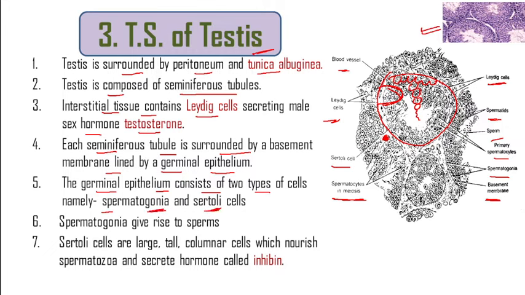Okay, these are the spermatogonia cells here, and this is the Sertoli cell. Okay, so you have studied this in your theory also. Spermatogonia give rise to sperm, and what is the function of Sertoli cells? They are large, tall, columnar cells which nourish the spermatozoa and secrete the hormone called inhibin.